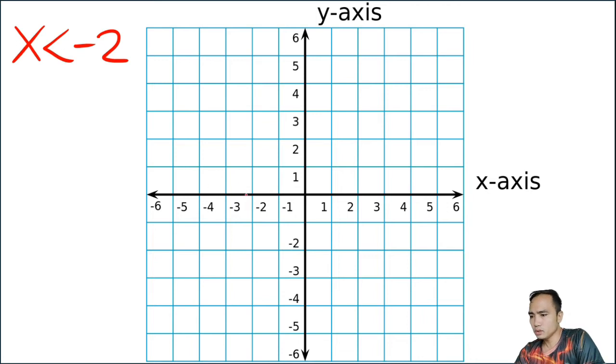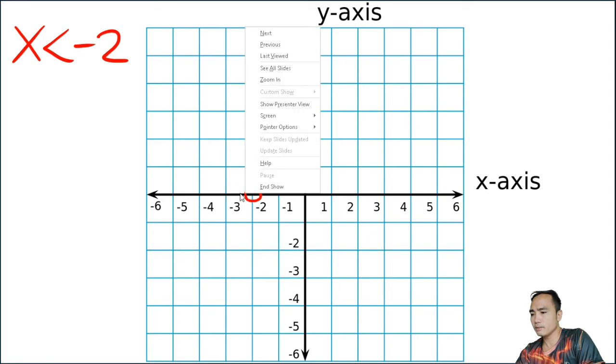Negative 2 is here. And then what are the numbers that are smaller than negative 2? Those are the numbers going to the left.